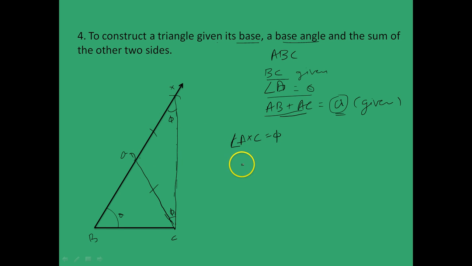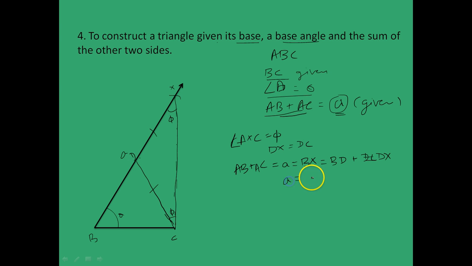So we have AB plus AC is equal to A is equal to DX, which is equal to BD plus DX. We know that DX is equal to DC.